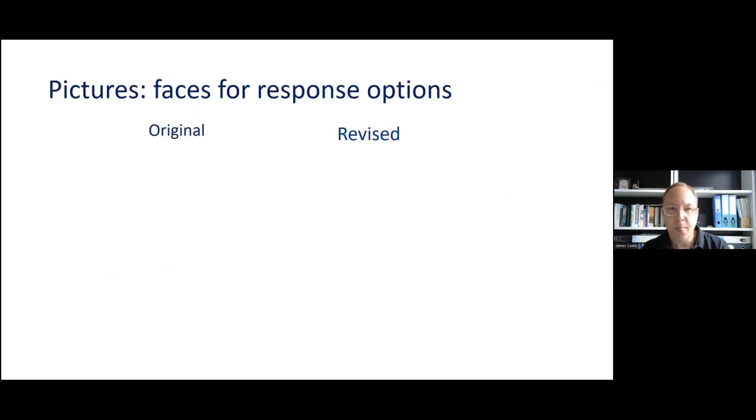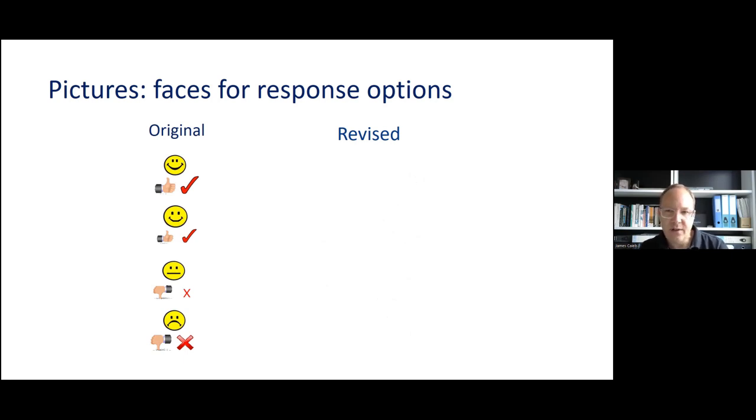Again, for the response options, I'll show you the original ones, which look like that. Again, these were quite problematic for people when we tested them. I think you can probably see what it's trying to do. It's really trying to hammer home the message of what that response option actually means, but it's almost trying too hard.